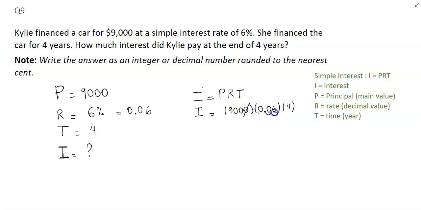I go to the right and I cut another zero. So now I have 90 times 6 times 4. So 90 times 6, and then I have 540. And then I multiply 540 times 4.